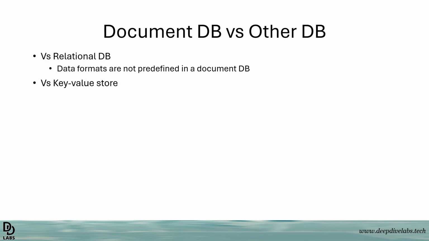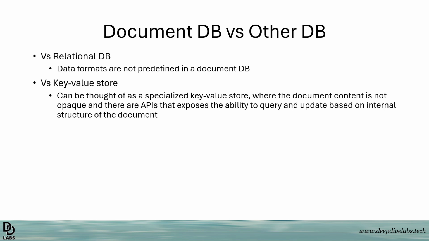If you compare it with a key value store, is there a way to understand document databases from key value stores? Yes, you can think of your document database as a specialized key value store where the document content is not opaque, right? And there are APIs that expose the ability to query and update based on the internal structure of the document.